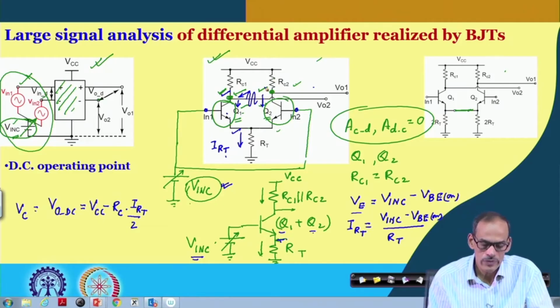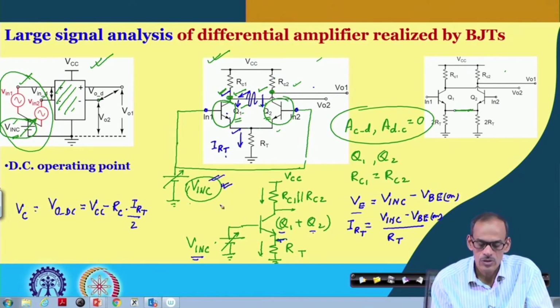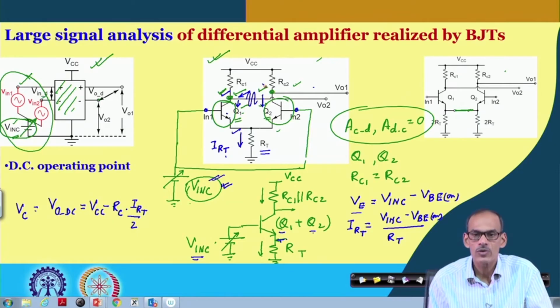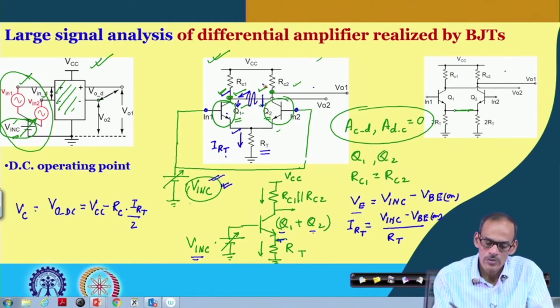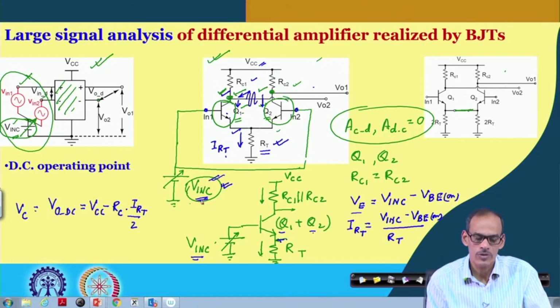The range over which this voltage is allowed is referred to as the common mode range, and in this case of course, it depends on the corresponding values of RT and RC. Whenever we talk about numerical examples, where we will have values of RT and RC and the supply voltage, there we shall see the upper limit and lower limit of this input common mode voltage.